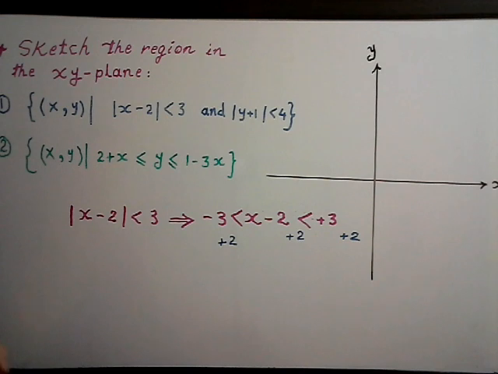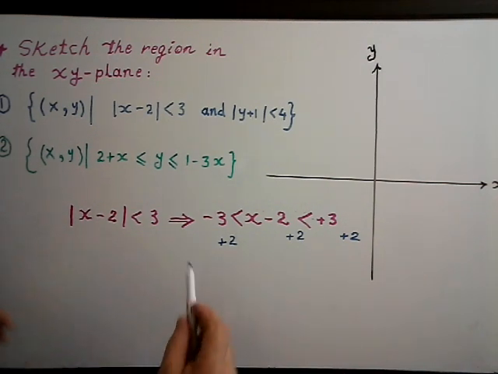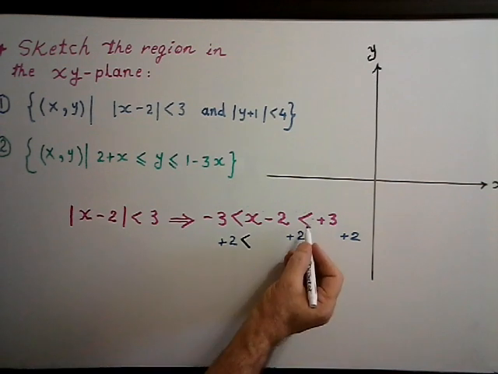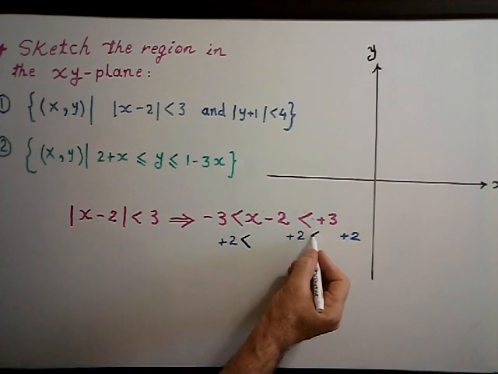Adding or subtracting will not change the sign of inequality. That means the sign of inequality here will stay as it is without any change. This stays less than and this stays less than.